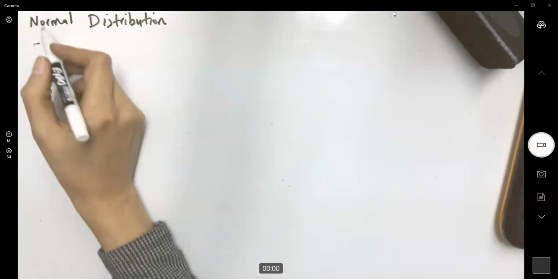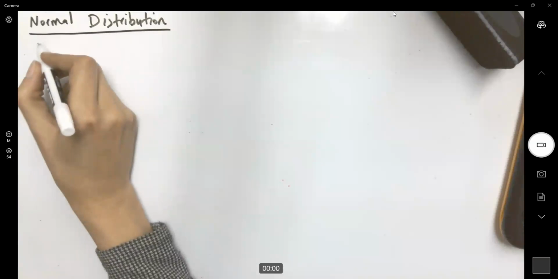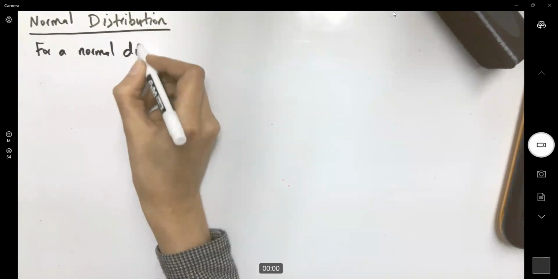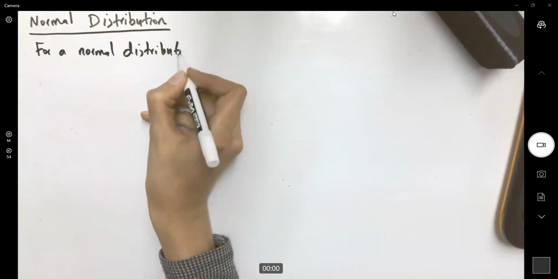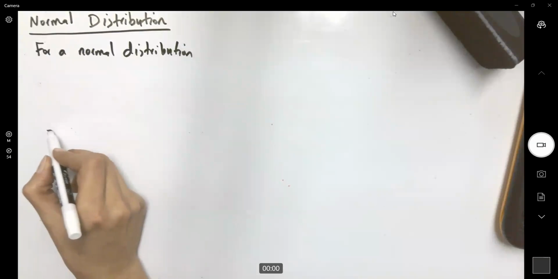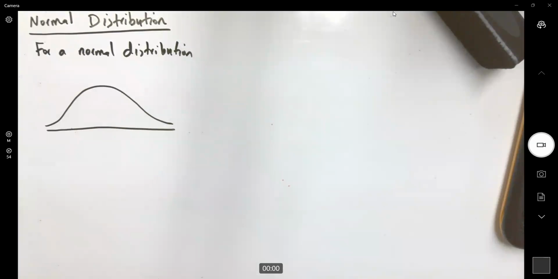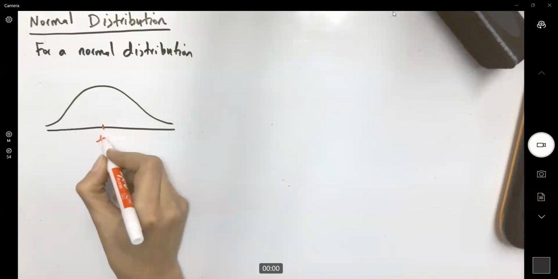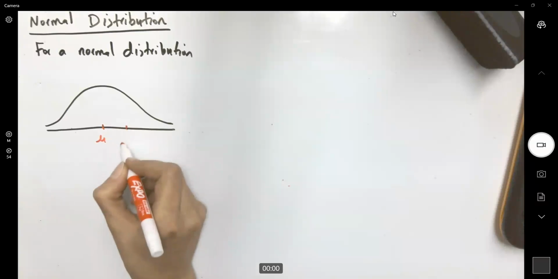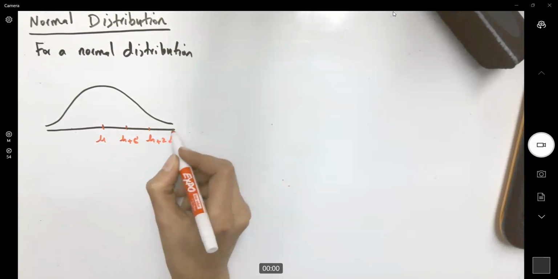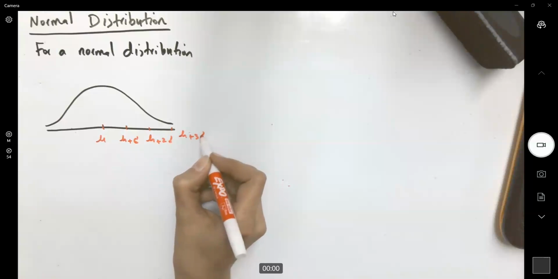If you have a normal distribution, what we learned is that we have a bell-shaped graph, and in this bell-shaped graph, we have the mean, we have the standard deviation, mean plus 1 standard deviation, mean plus 2 standard deviations, and mean plus 3 standard deviations.